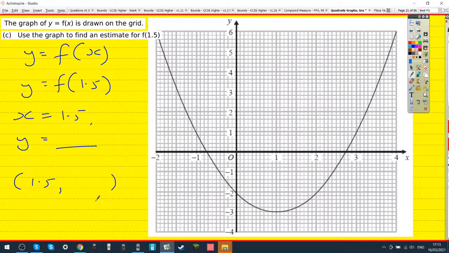So on the graph, x coordinate 1.5, what's the y coordinate?